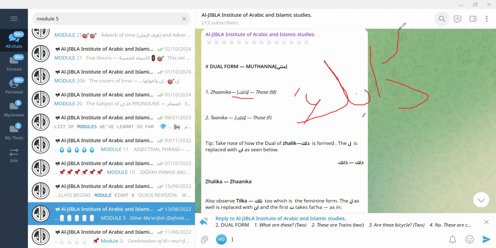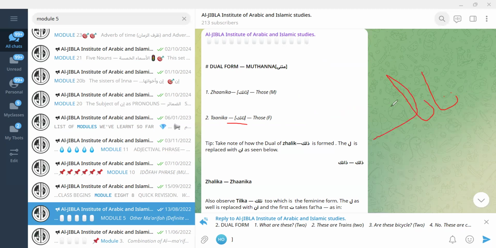No, actually. Okay. So ذانك is for masculine, two people or two things, and the feminine is تانك. The alif and nun is put in the middle in this case.